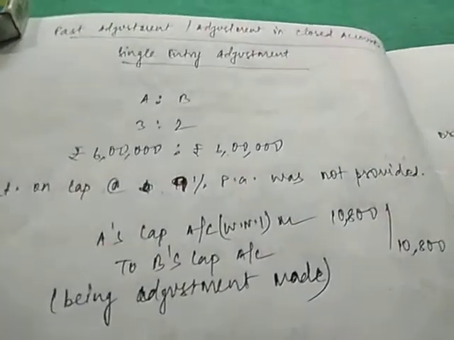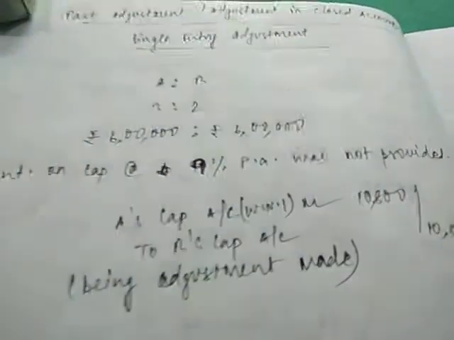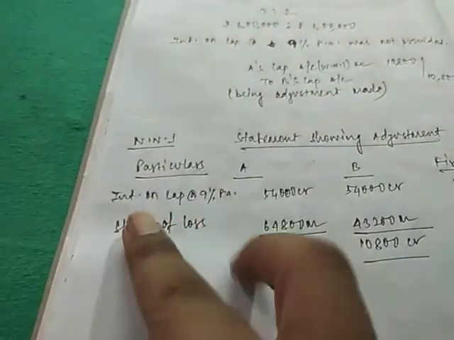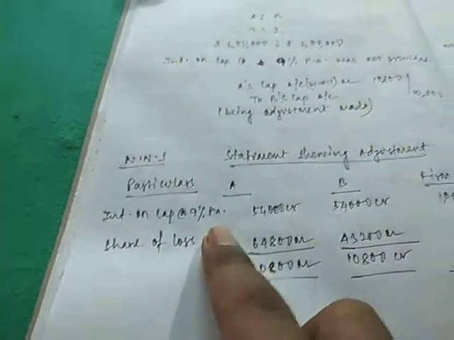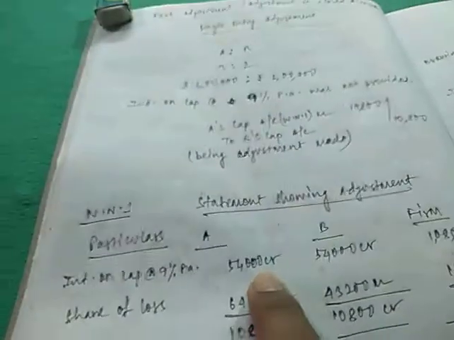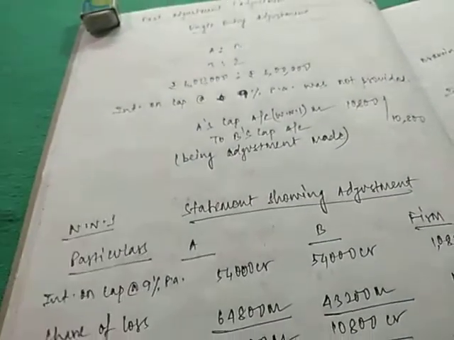Now interest on capital is to be provided at the rate of 9% per annum. So 9% of rupees 6 lakh is rupees 54,000 for A and 54,000 for B. We'll write in particulars: interest on capital at the rate of 9% per annum. 54,000 for A, credit, because if A is receiving interest on capital, it will be credited to his partner's capital account.